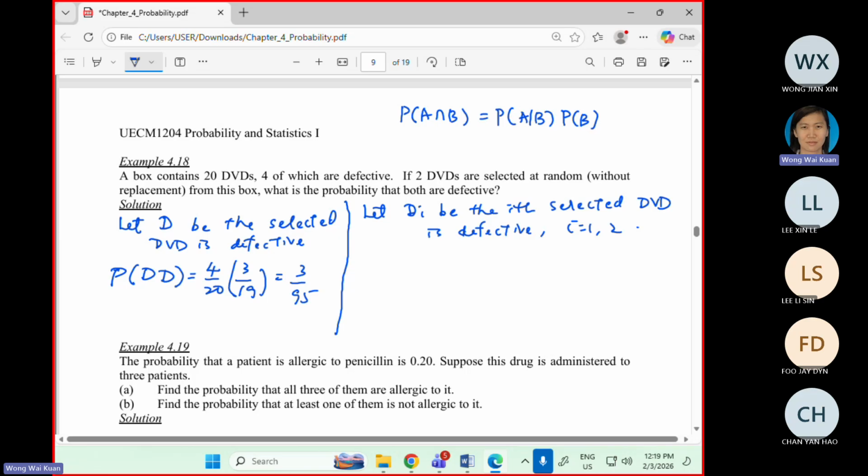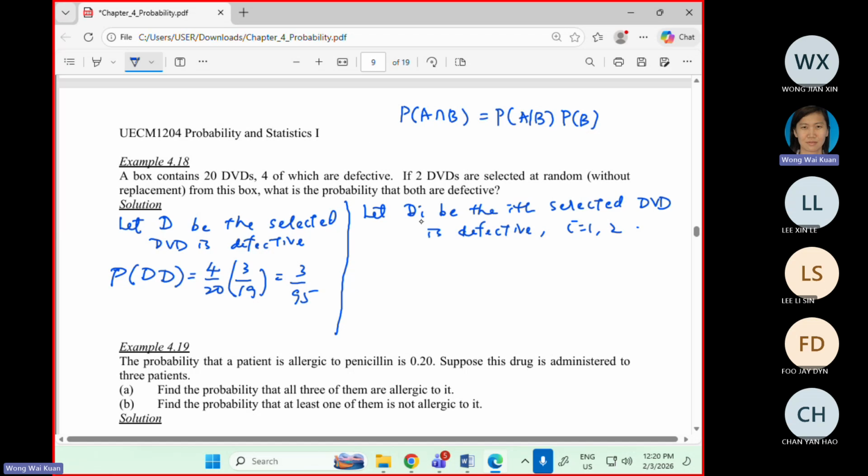How can you have 2 of them defective? What happened to the first one? Is it good or defective? Very simple question here, right? When I have both of them defective, what happened to the first one? Not good, right? The first one is defective. Then what happened to the second one? Also not good.